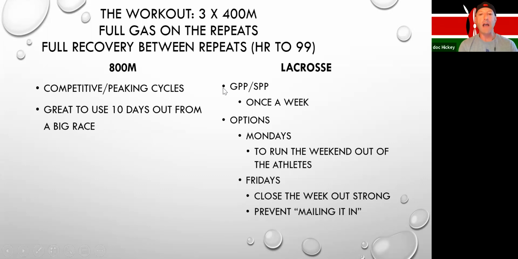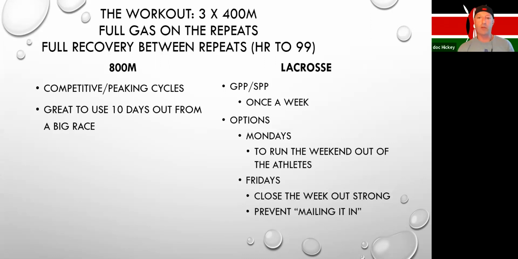If I have a team in GPP, general physical prep, so we're 3 months out from the season or more, every Monday we're doing 3x400. This is our main set, so they know, hey, I can't be out that late on Saturday and Sunday, because Monday we got this as a workout every Monday.